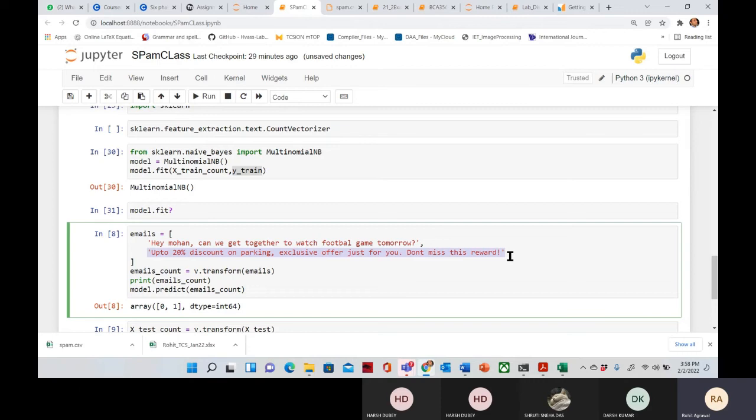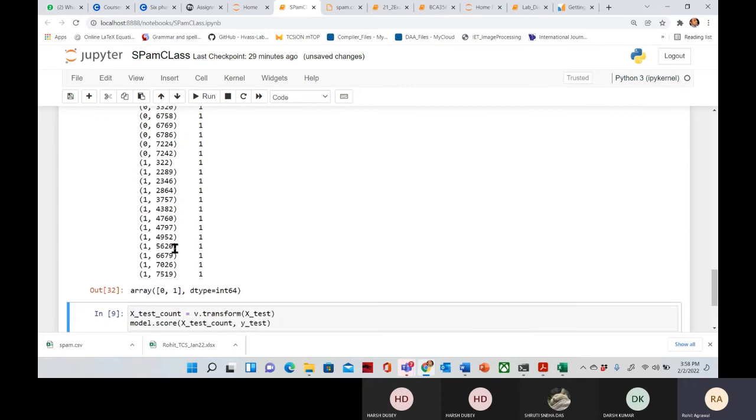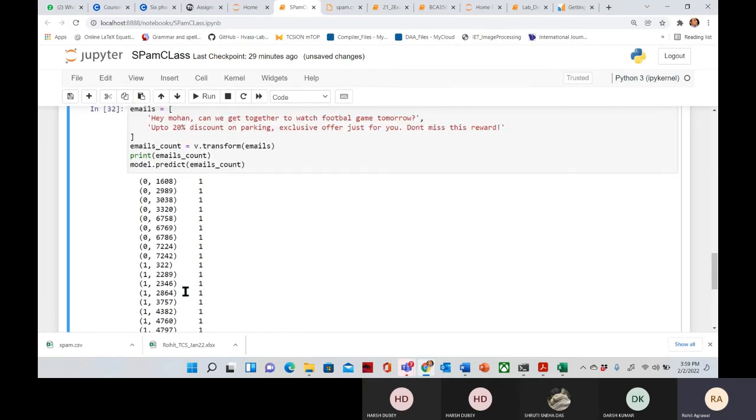But it is again a machine learning algorithm, so there may be some error as well. So we will see whether there is an error or not. You can see here, this is our data. For the first one it is giving 0, and for the second one it is giving 1. So that means the first one is not spam and the second one is spam.